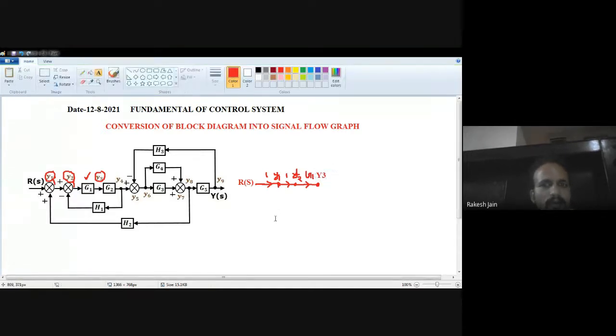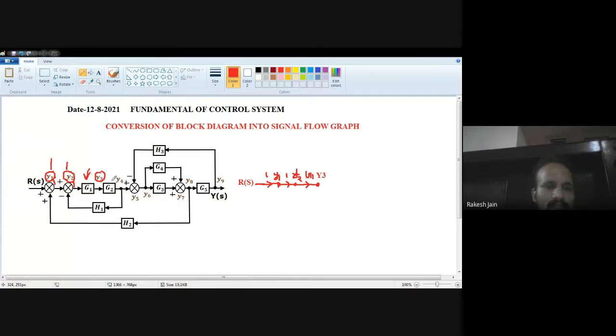Once again, I repeat this. We represent the first summing junction and second summing junction as single lines having a gain of 1. Then the third one is a block, so we represent the block gain as G1, and the node names are Y1, Y2 and Y3.